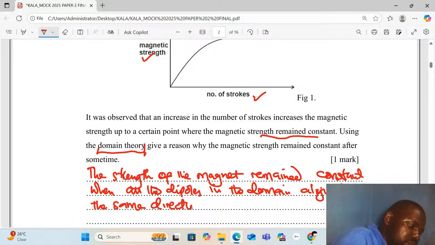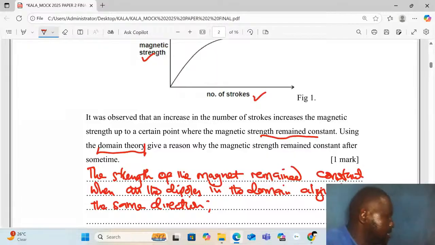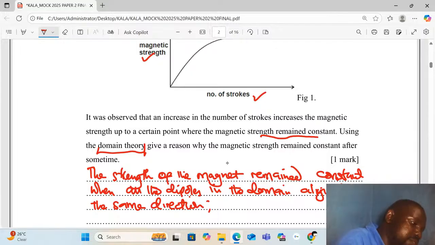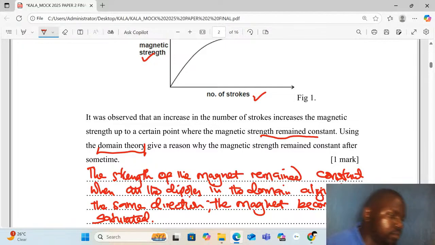If all of them align in the same direction, then we say the magnetism has come to a saturation point. So the magnet becomes saturated.